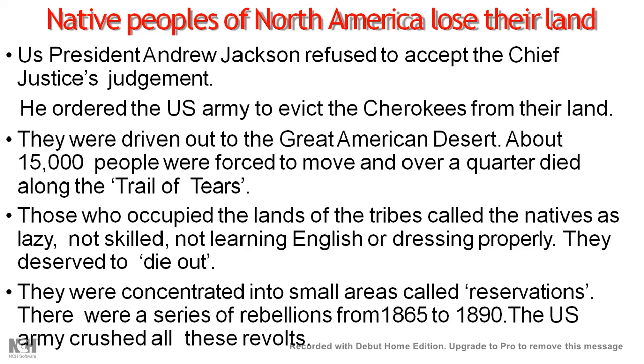About 15,000 people were forced to move, and over a quarter died along the Trail of Tears. When these people were moving to the desert area, they could not bear the heat or that environment, and many more people died due to that harsh climate.